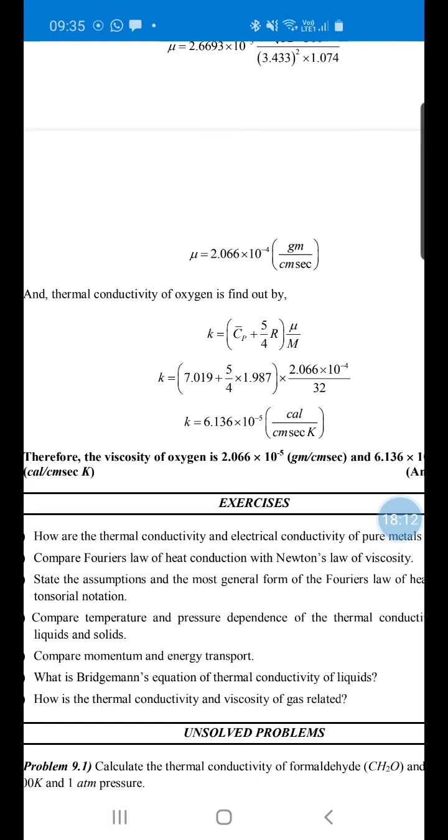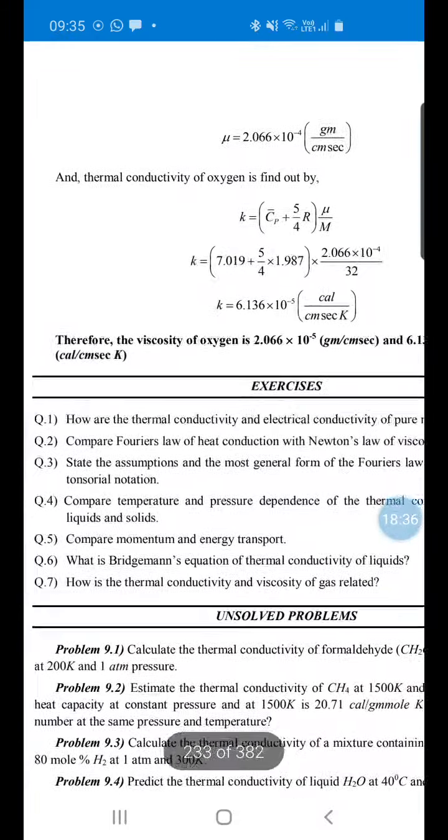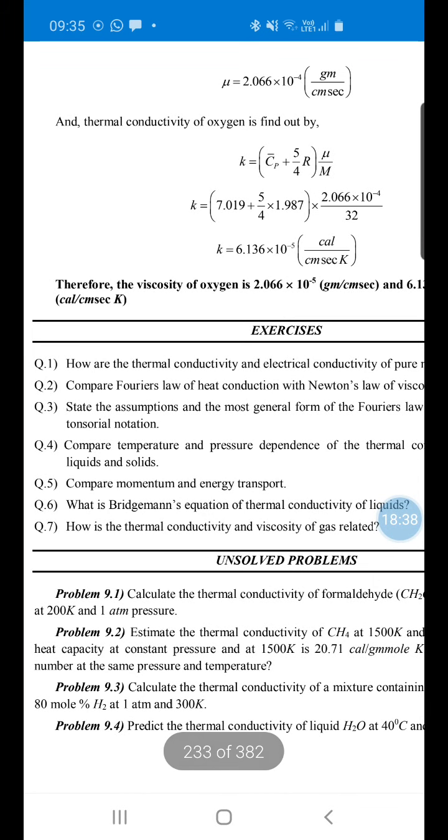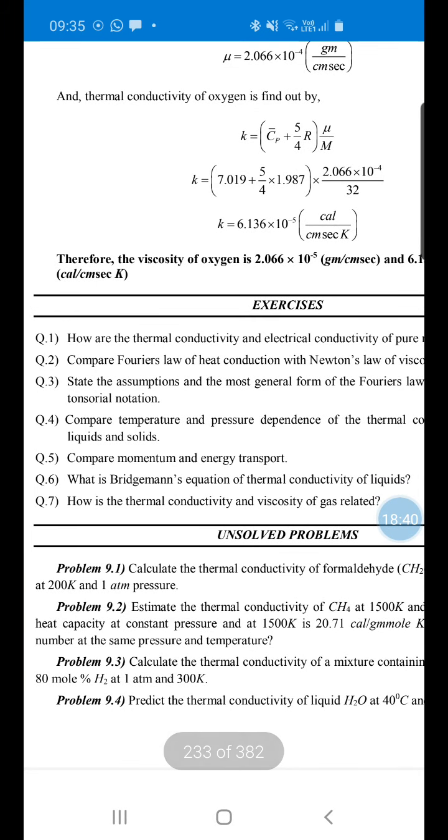So we'll use Eucken's equation: K is equal to Cp bar plus 5 by 4 R, into mu by M. All values are provided to you. You find out those values, put them into the equation and find out the thermal conductivity. You will get 6.136 × 10 raised to minus 5 calorie per centimeter second Kelvin. So this is how we can find out the thermal conductivity of gases and liquids.